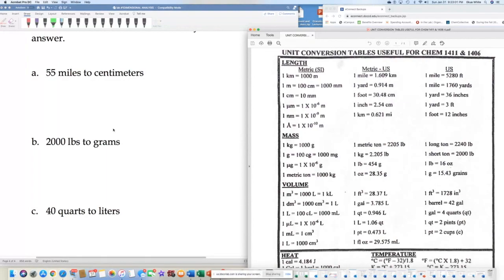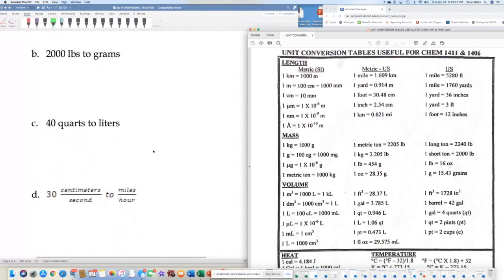I'm trying to do different conversions. This is quarts. For gallons to. Okay, hold on. Let me see what the units are. Okay, so I got these numbers.